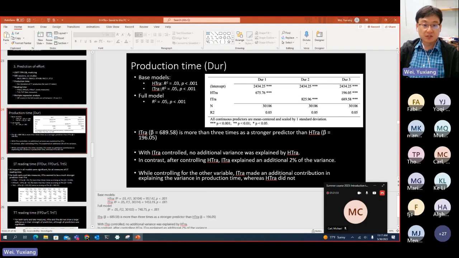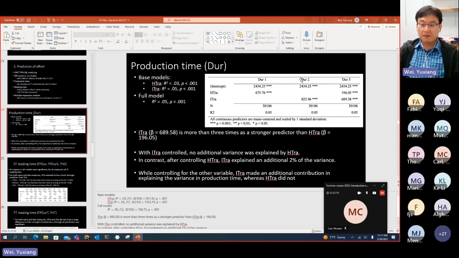The same for ITra, but ITra explained 2% more of the variance in the duration. These are the base models, but we can also put both into the regression analysis, and we see an R-square of 0.05, and the p-value is also very small.